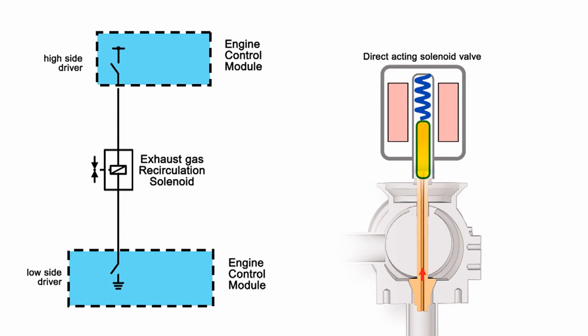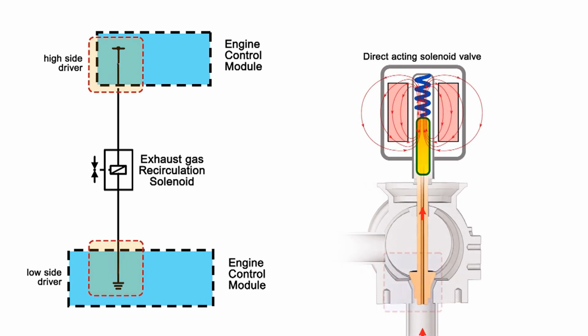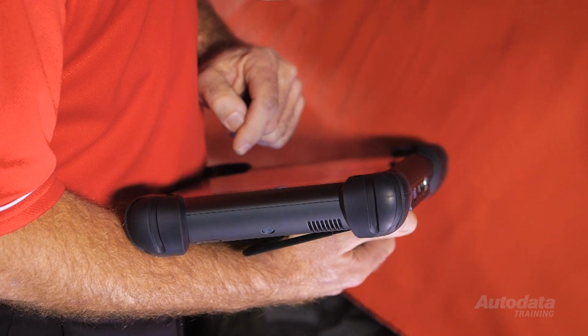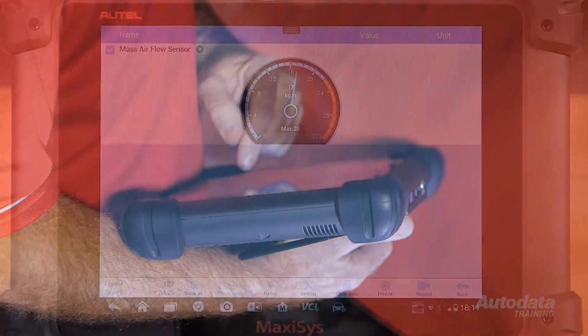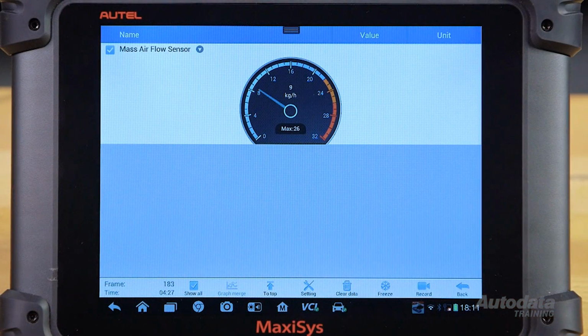A direct acting solenoid EGR valve uses either a high or low side driver within the ECM to control the position of the EGR pintle valve. With the engine idling, use the scan tool to open the EGR valve. Again, monitor any MAF or MAP data while doing so.